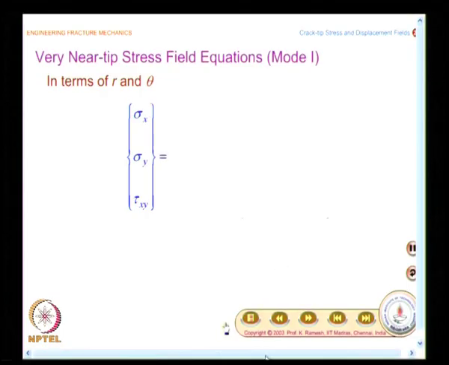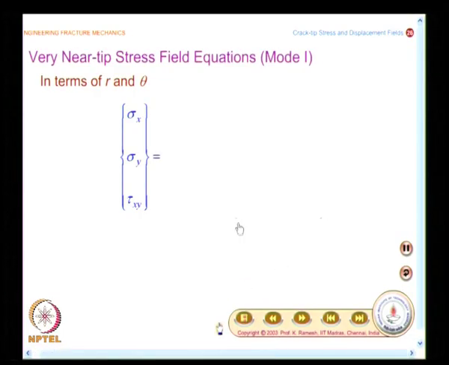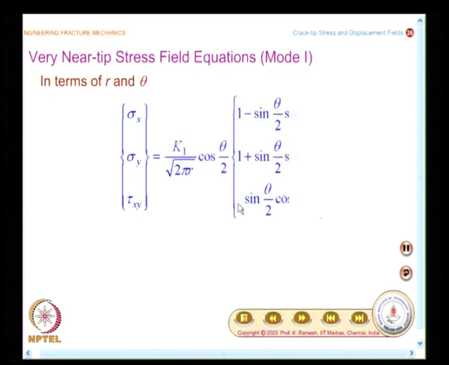With such an expression, it is possible for me to get the stress field, and stress field is given in terms of r and theta, and it is as follows.